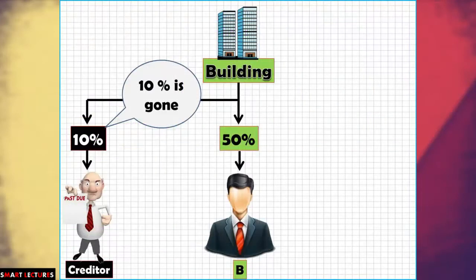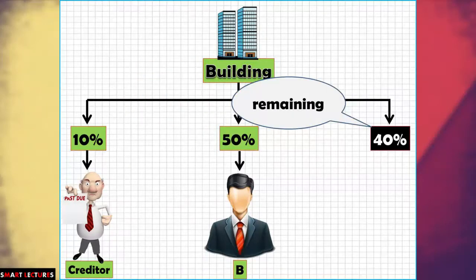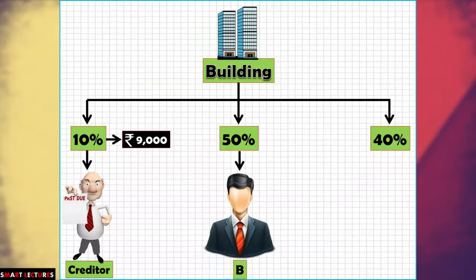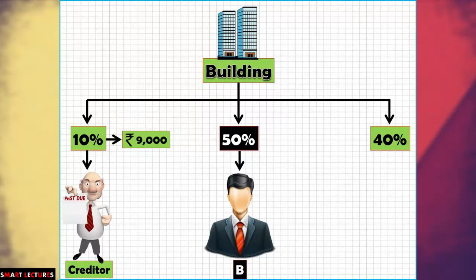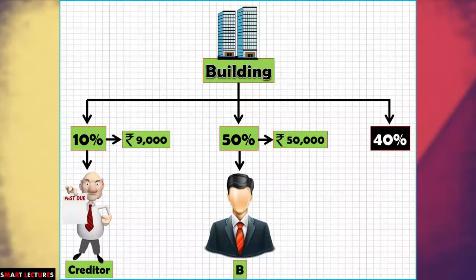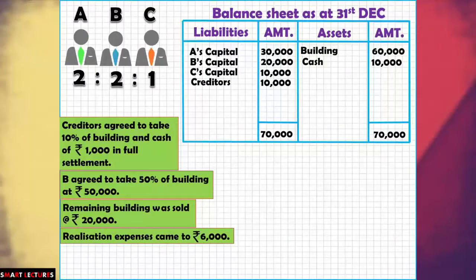It means 10% is gone, 50% is gone, and the remaining third part is 40%. So first part of 10% was taken by creditors at rupees 9,000 and the second part of 50% was taken by B at rupees 50,000, and 40%, the third part, was sold in the market for rupees 20,000. So let's take all the items one by one.